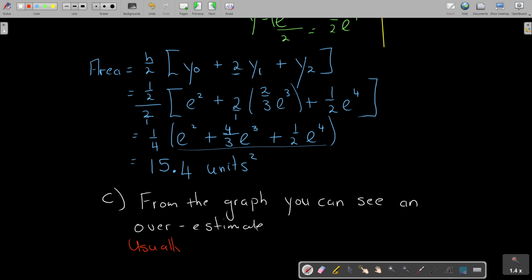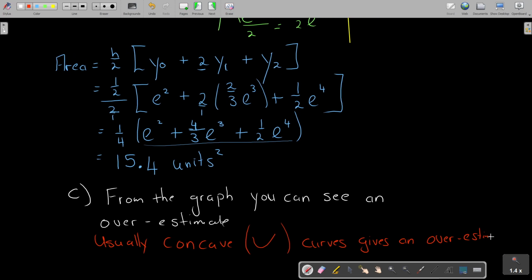Usually, concave. What is concave? Concave looks like this. Concave curves give an overestimate. Let's move on. Okay, and that's how you do it.